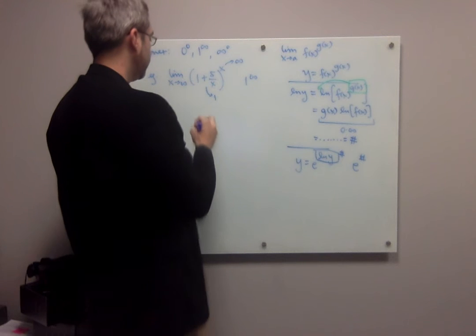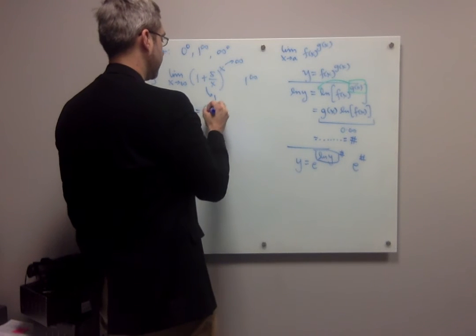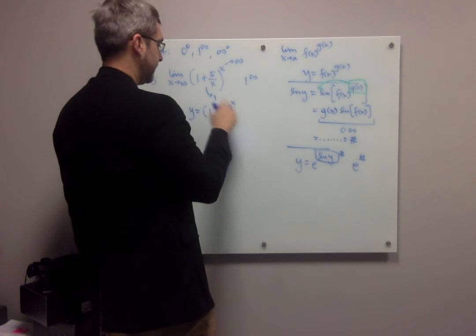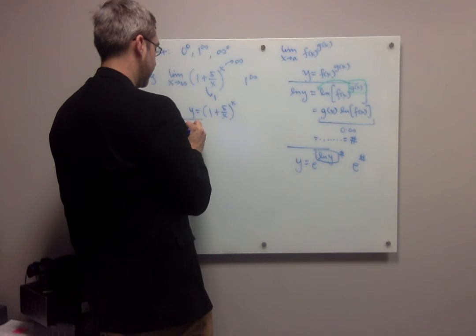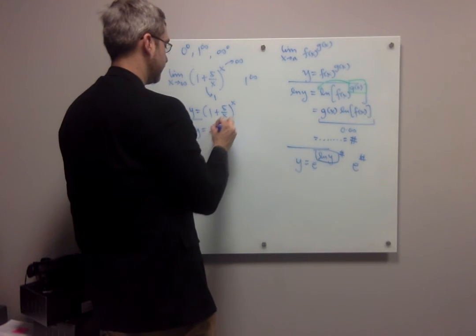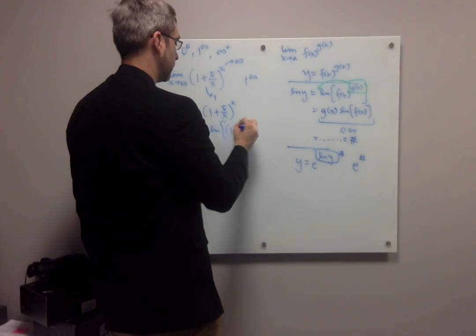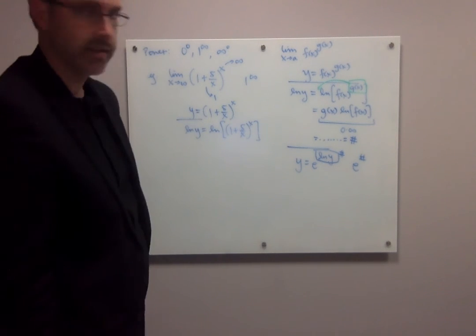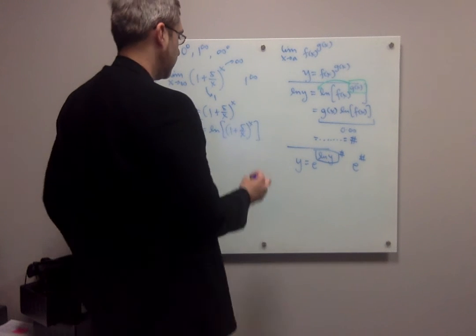So what I'm going to do is let y equal this complicated thing. And in order to take that power down, I'm going to take the natural log of both sides. Okay, so natural log of 1 plus 5 over x, all to the x. Let's pull out that power.